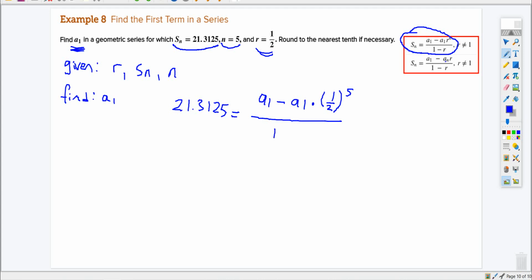Over 1 minus r, 1 minus 1 over 2. So basically we just plug all this into the first formula.